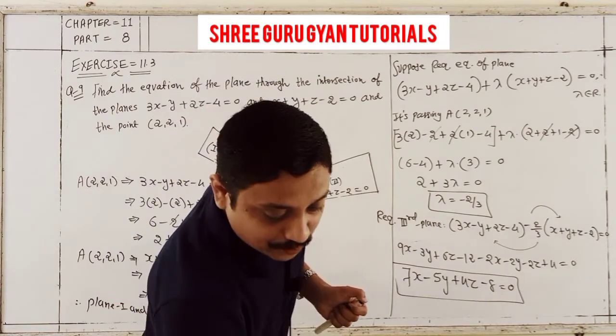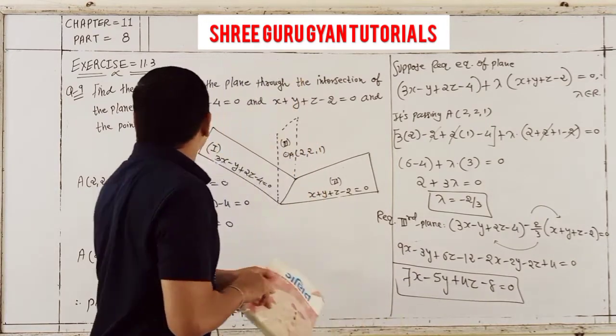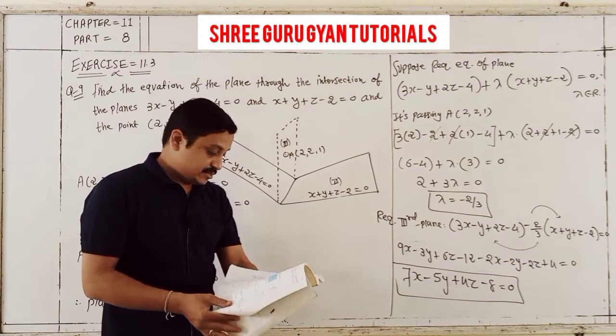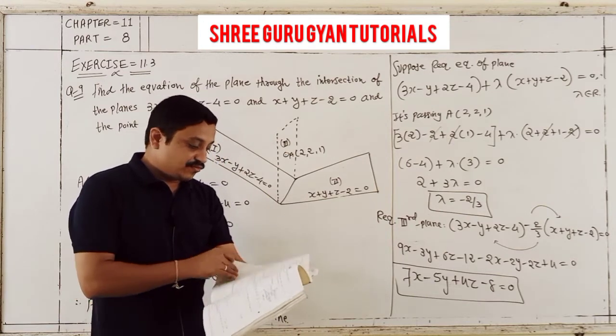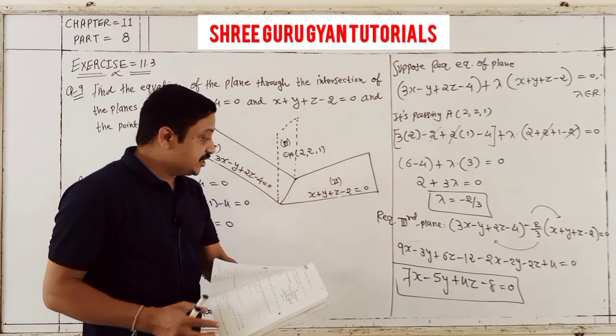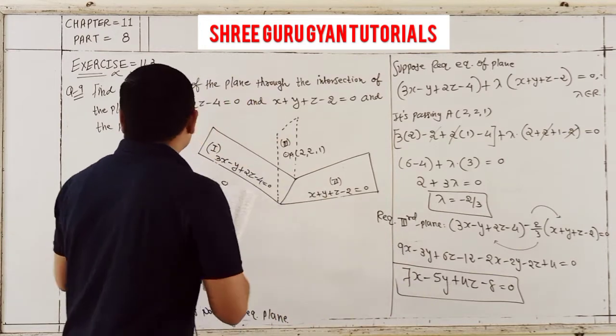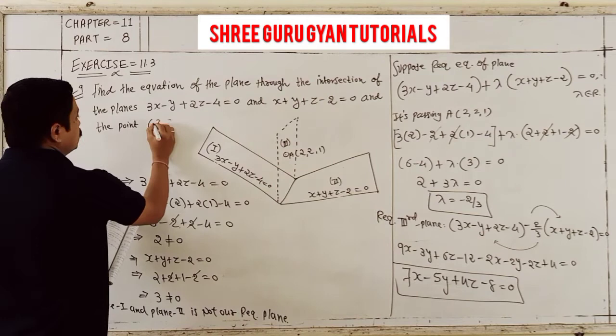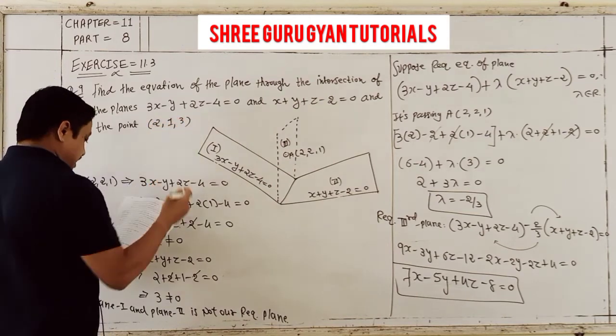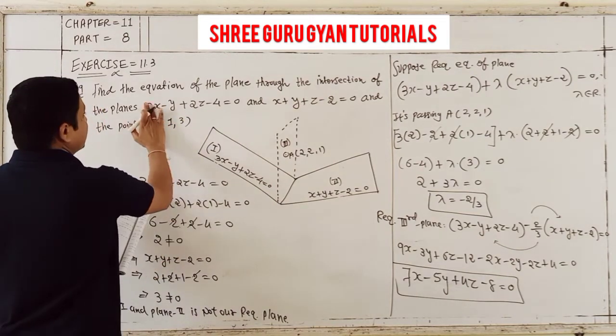Same, students, I am going ahead. Our next question is number 10. Similarly, find the equation of the plane passing through the given point (2, 1, 3). Only the point and the planes are changed.